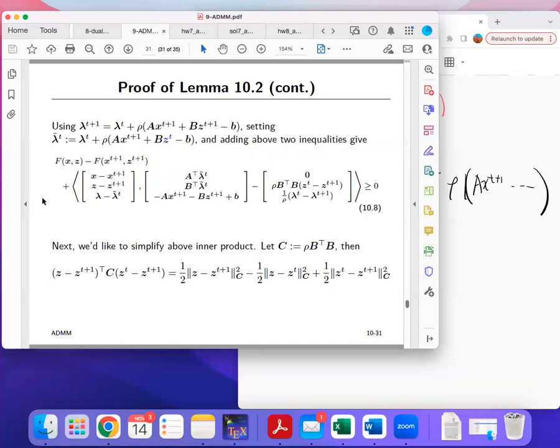So when you go back to this big inner product, you see we have x minus x_{t+1} multiplied by this one.